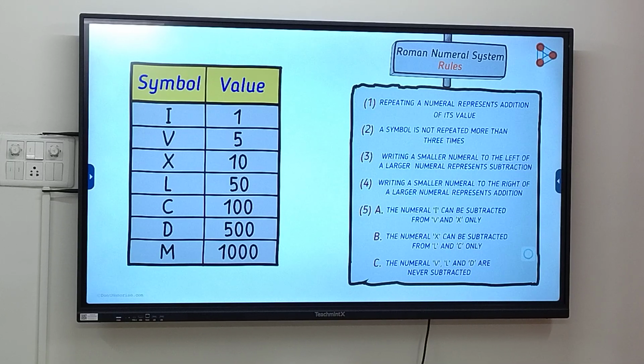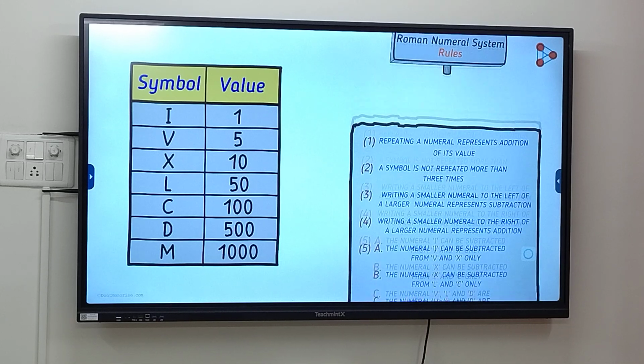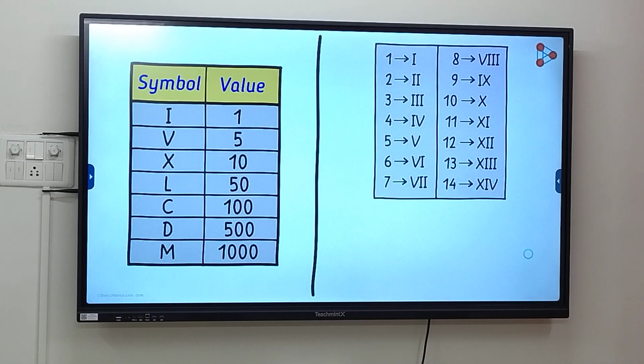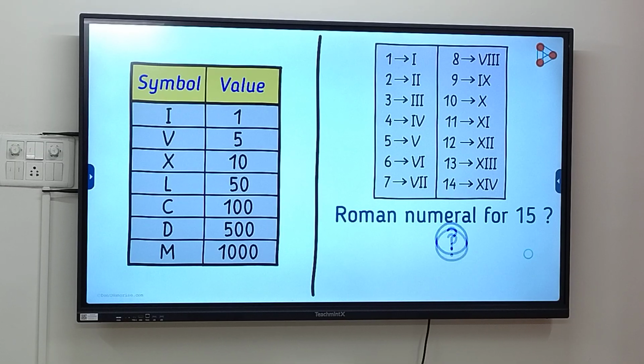As mentioned in our previous discussion, we have seen how to write all the Roman numerals for the numbers in the range of 1 to 14. But how do we write the number 15 in the Roman numeral system? It's very simple. Here's the Roman numeral 10, and here we have the Roman numeral 5.